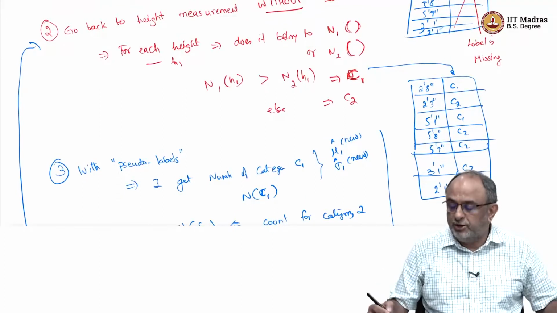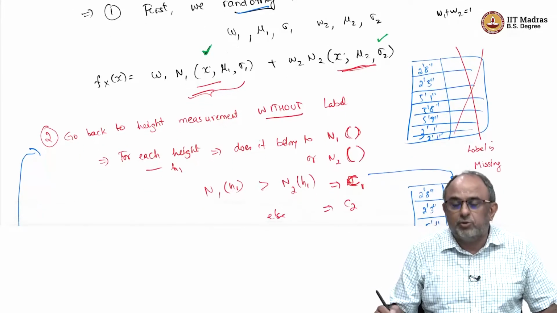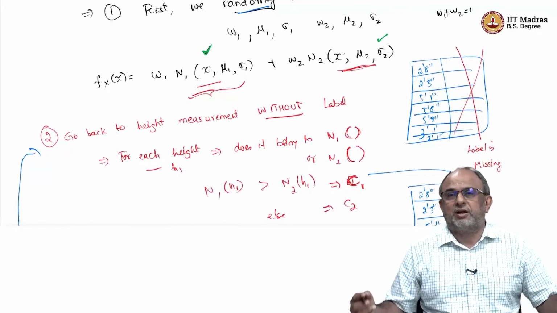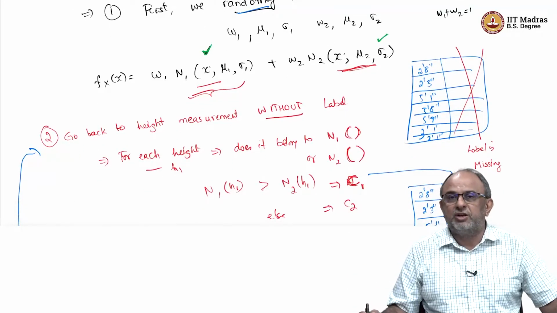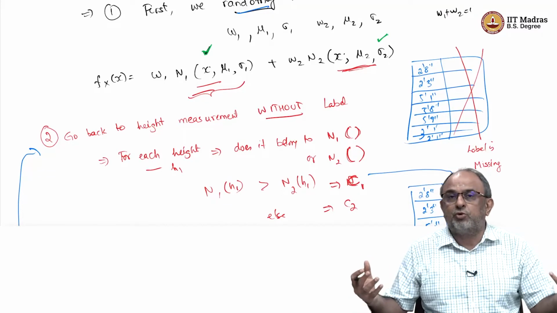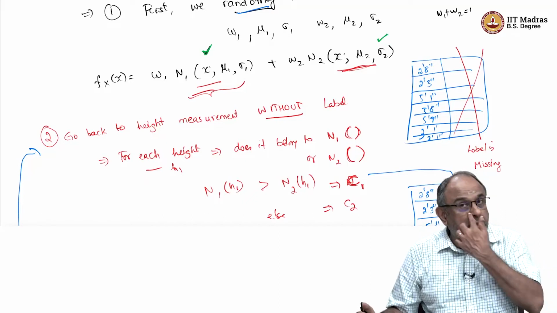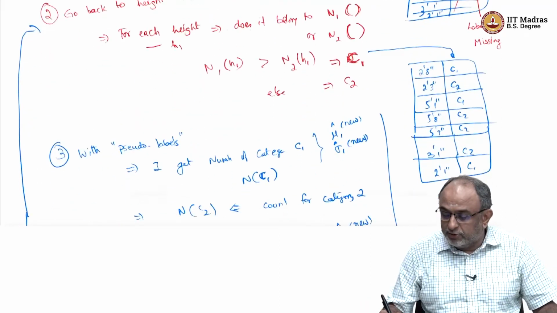So, if I did not have the category information, what can I do? I just randomly assume two categories, put some initial values to them, mean, variance, whatever it is. And now that I have the two classes, the training data itself, which did not have any labels initially, I now try to guess the labels.